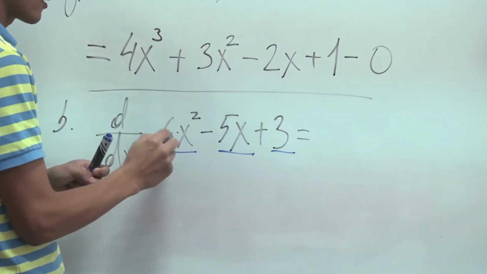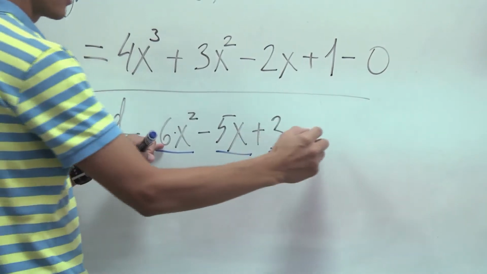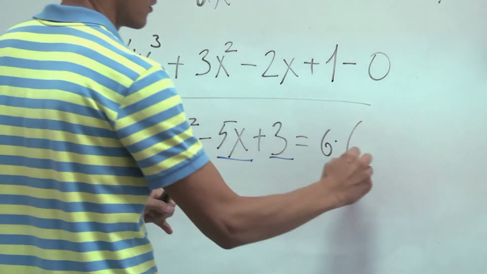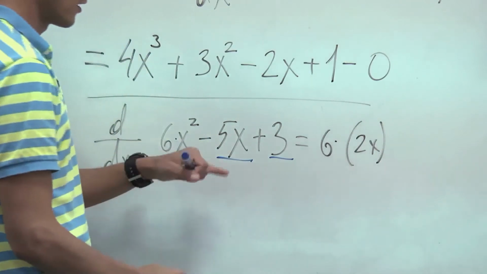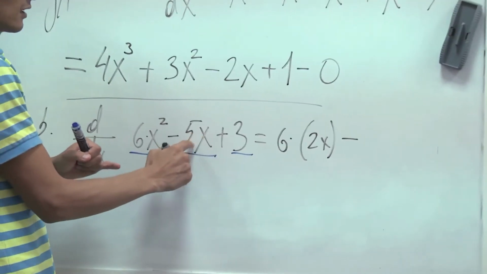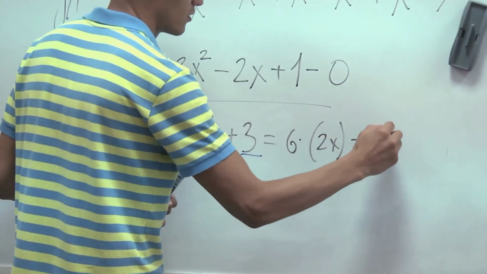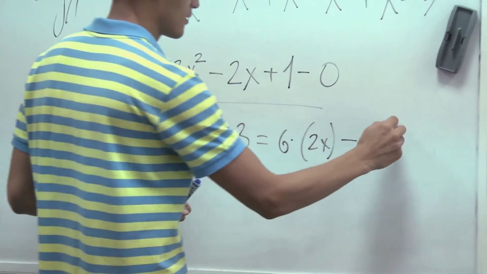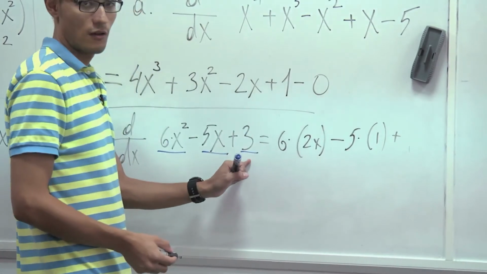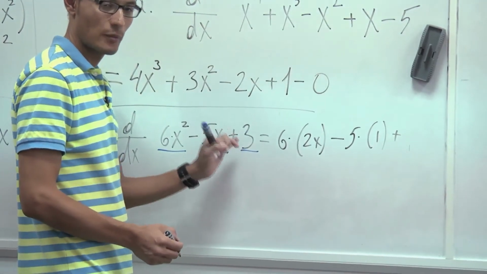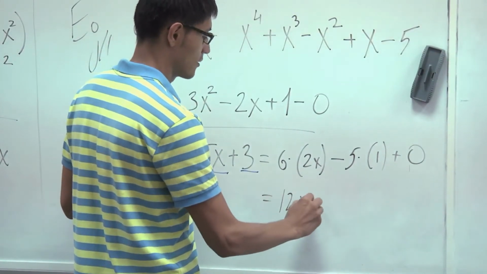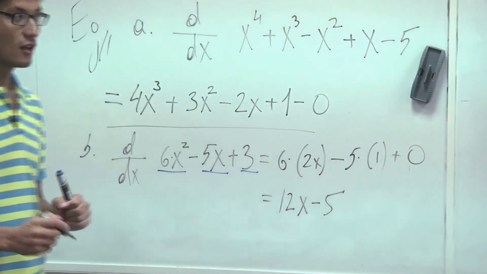So remember, when this happens, number times a function, we don't change the number. So 6 is not changed, and you only take the derivative of x squared, which is 2x. Next, we have minus 5x. 5 doesn't change, and you only take the derivative of x, which is 1, plus the derivative of 3 is 0, because 3 is a number by itself. If we simplify, we get 12x minus 5. And that's our final answer.